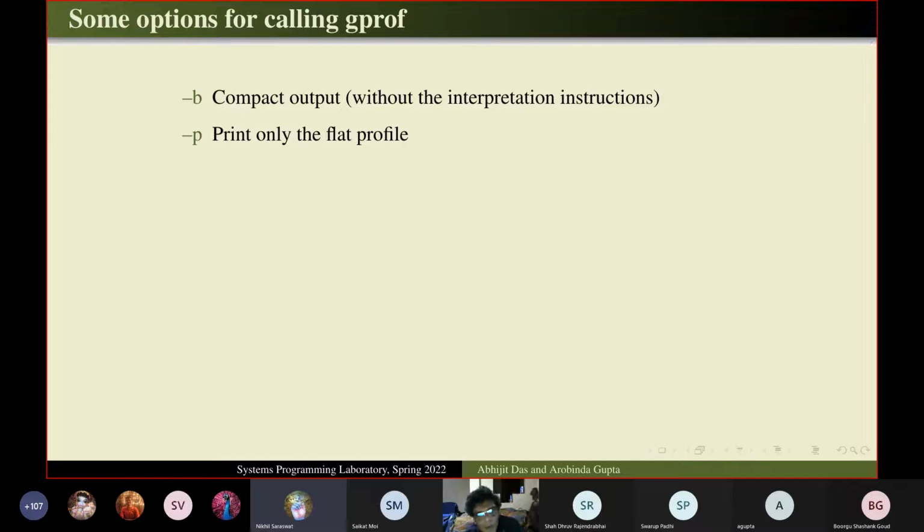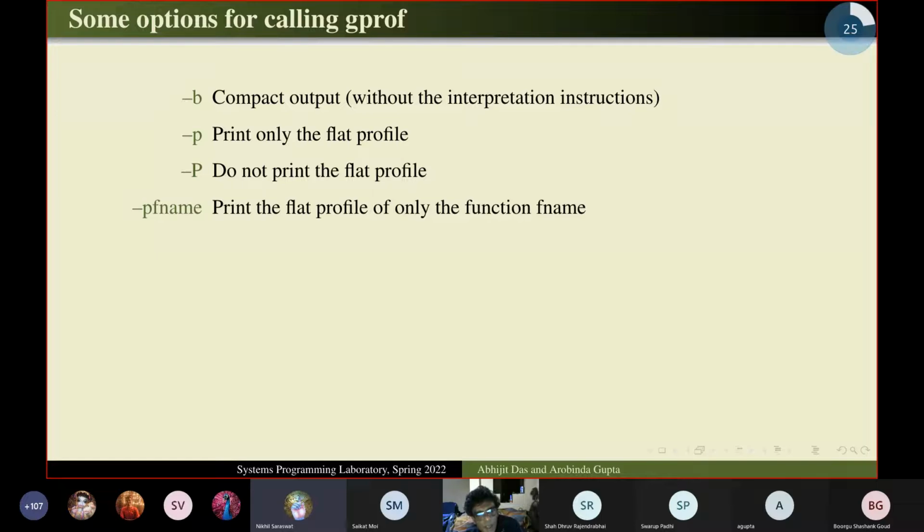And if you are interested only in the flat profile, you run it with -p. And if you do not want that, run it with -P. And if you want to obtain the flat profile for only a single function, write it as -p followed by that function name. And I believe you are not permitted to write a space here.